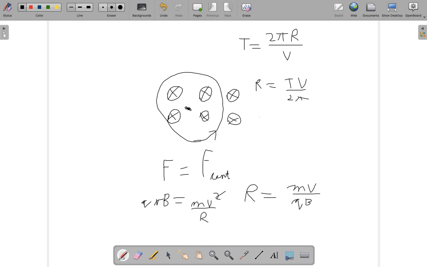We have Tv over 2 pi equals mv over qB. We have velocity on both sides, so we can get rid of that. So we get period equals 2 pi m over qB. And these values should have been given to you in the question. So you should be able to, with no problem, find the period if they give you such a question.